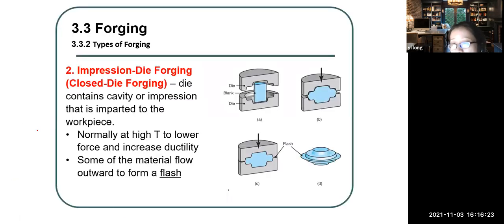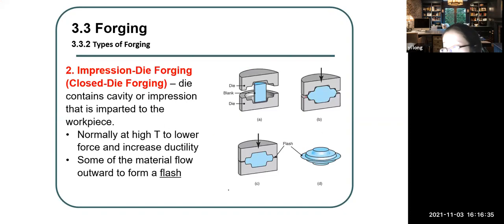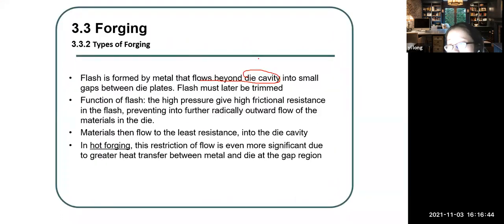And also the flash. We said you have flash, right? But flash is actually good. Flash is formed by the metal when it flows beyond the die cavities into the small gap, which means a little bit of material can squeeze out here. The high pressure gives high frictional resistance in the flash.